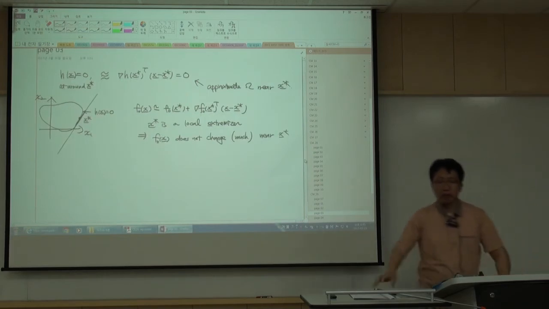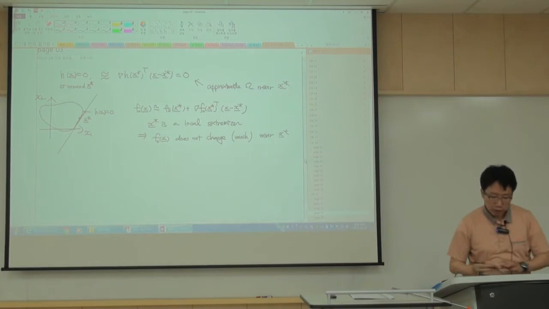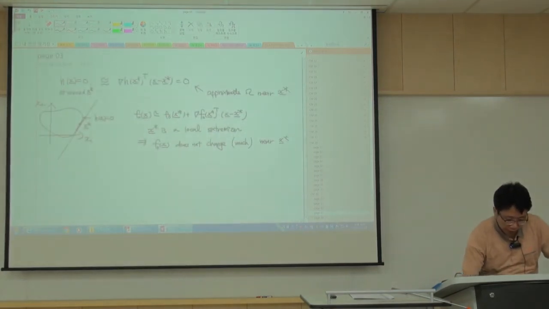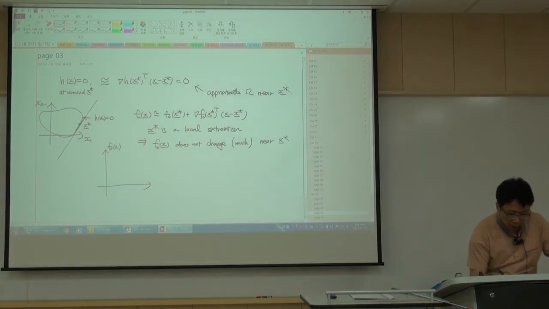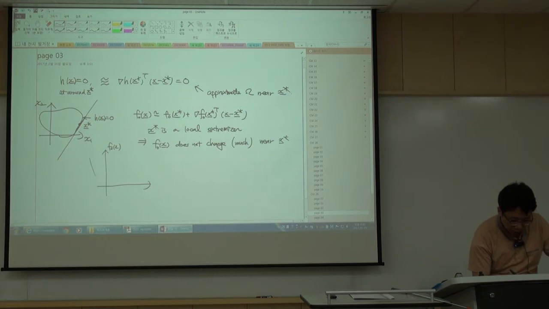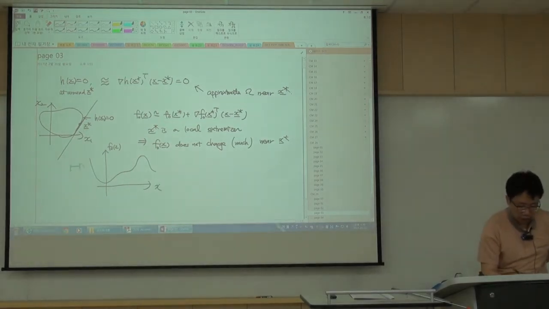And you may not understand this one, so let's recall your old friends, the one-dimensional functions. Suppose you have a function like this, in the one-dimensional case.